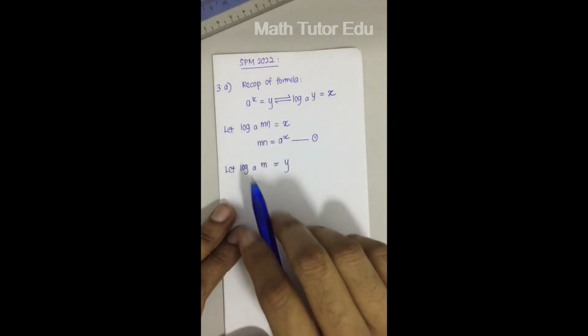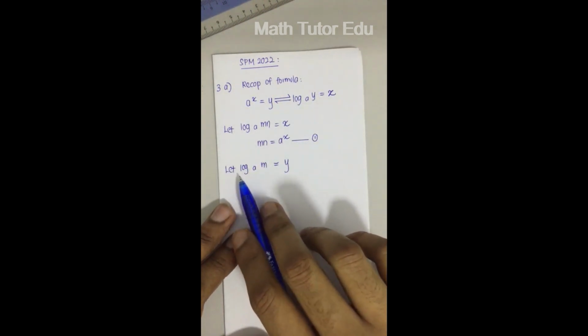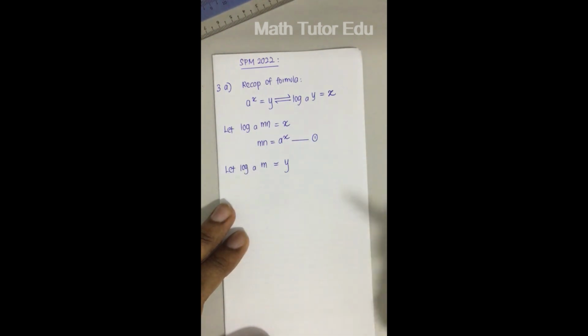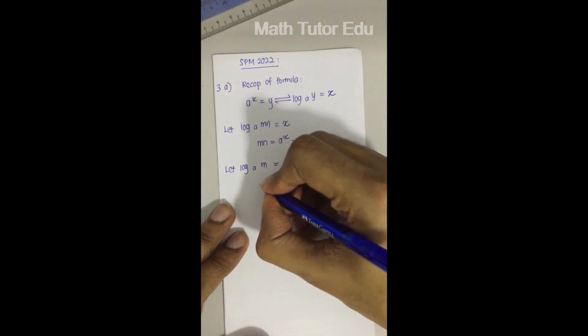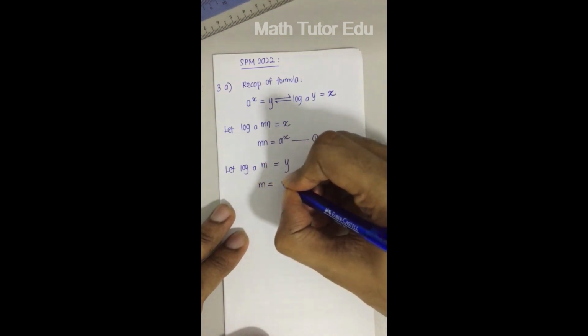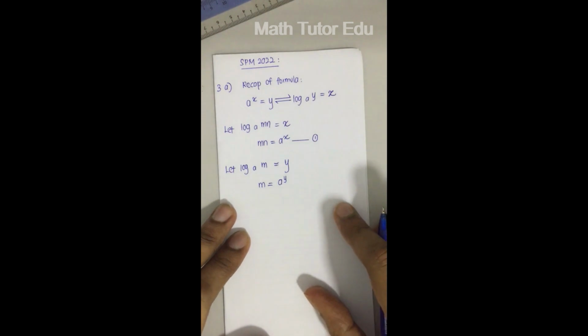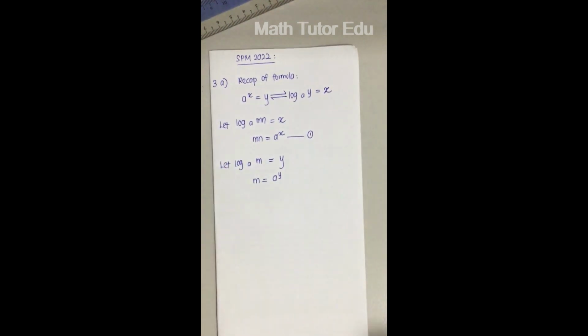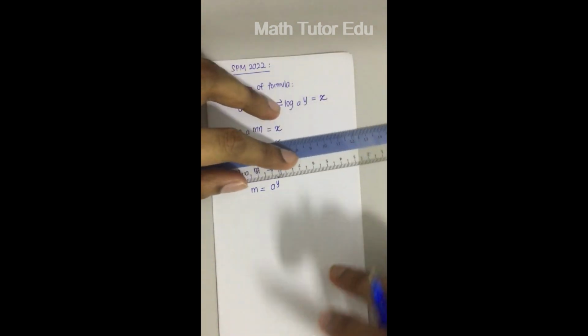The same step: log a from the left hand side moves to the right hand side and becomes index a, so m will be equal to a to the power of y. That will be our second equation.